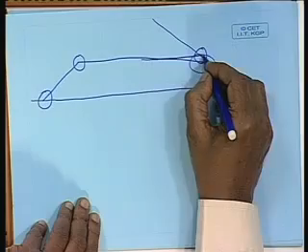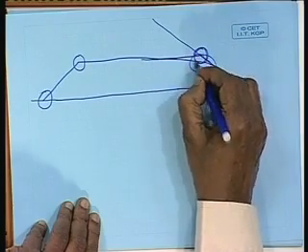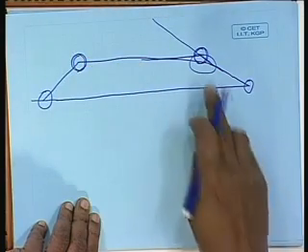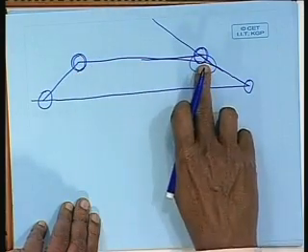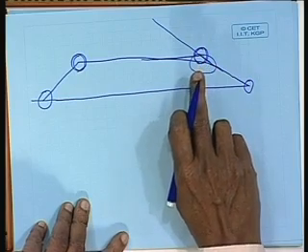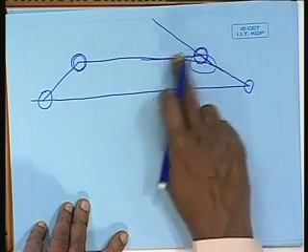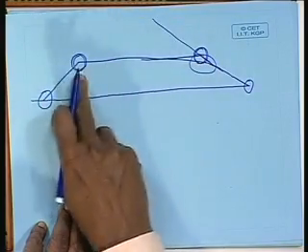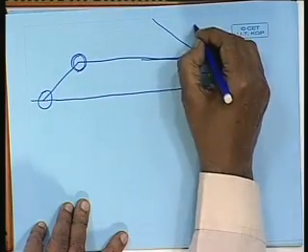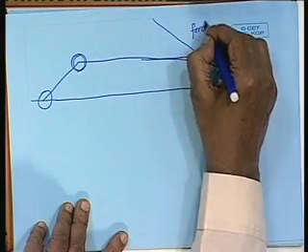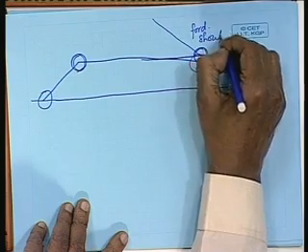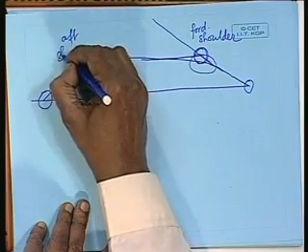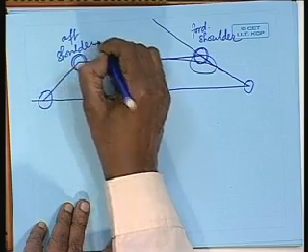So, there will be a wave system coming up from here and a wave system coming up from here. And what are these points in a ship? We call this point the forward shoulder, and this is called the aft shoulder.